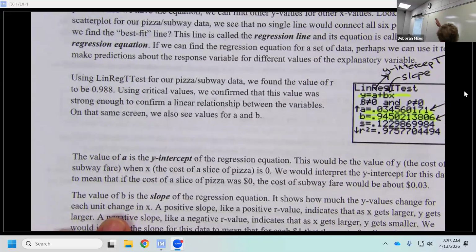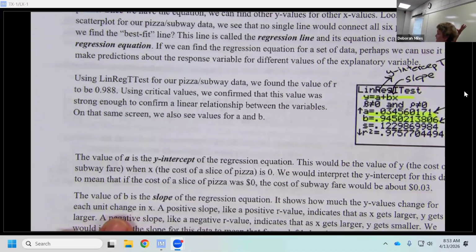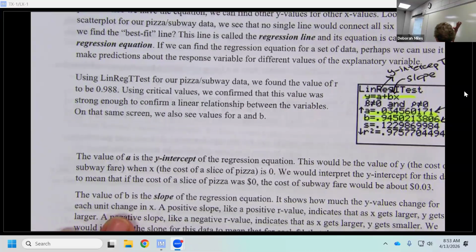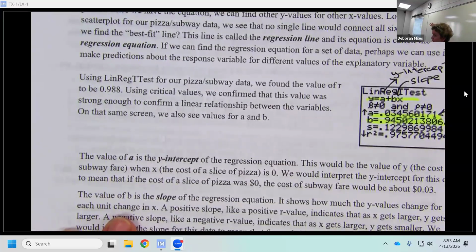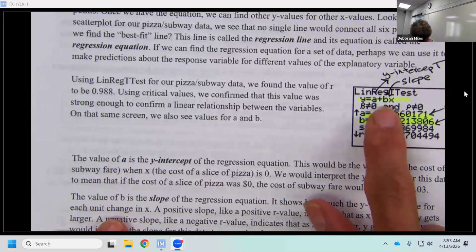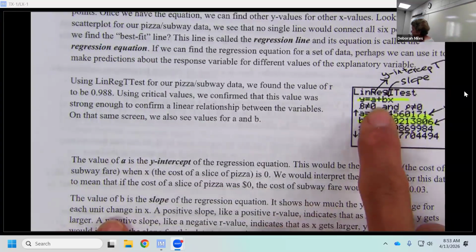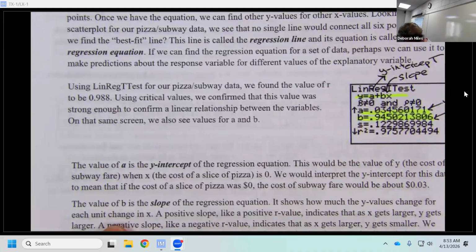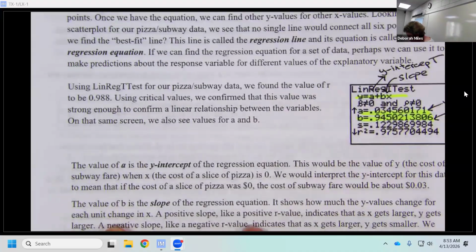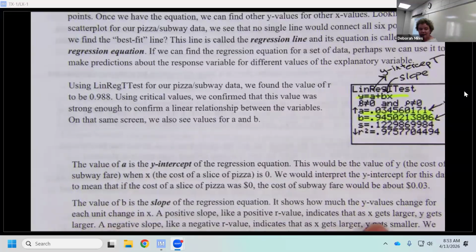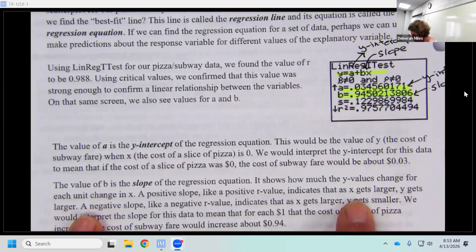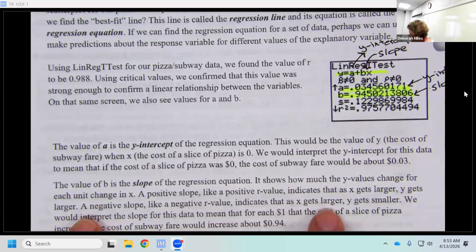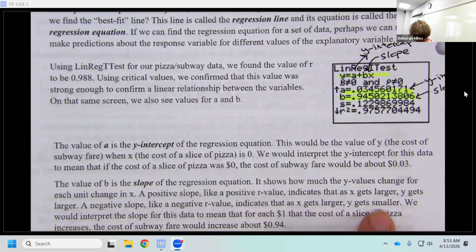Mirror image, up from left to right. Negative slope goes down from left to right. And so that same thing would be true about these values of B. A positive slope, like a positive R value, indicates as X gets larger, Y gets larger. A negative slope, like a negative R value, means as X gets larger, Y gets smaller.